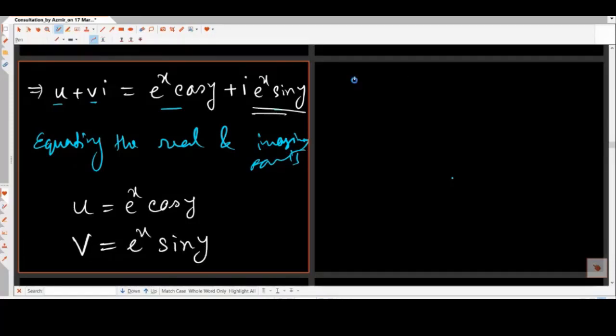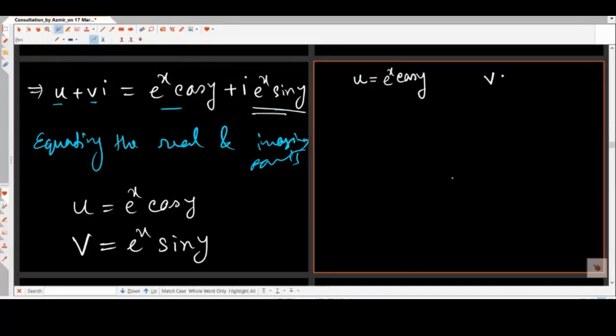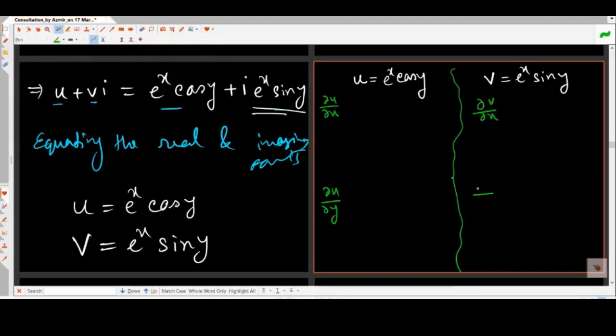So we have found u and v. u is e to the x cosine y, v is e to the x sine y. First step is done. Now we have to find du dx, du dy, dv dx, dv dy. So we are targeting the first order partial derivatives.